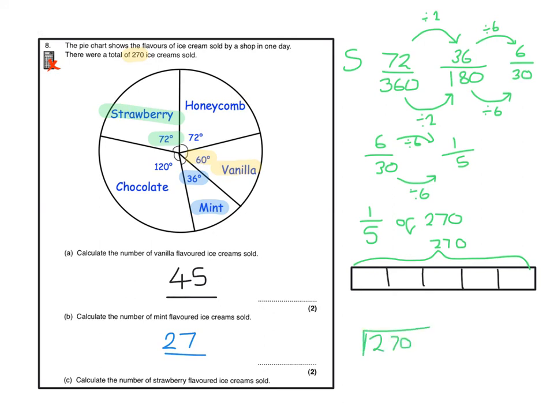So how many 5s go into 270? 5s into 2 is 0, remainder 2. 5s into 27 is 5, remainder 2. 5s into 20 is 4. So there's 54 in each. I only want one of those fifths. So my answer for the final question is that there are 54 strawberry ice creams sold.